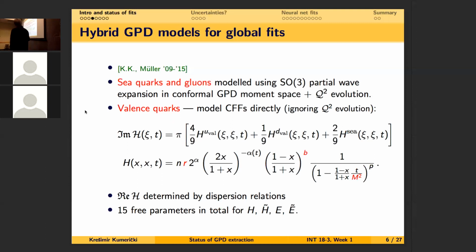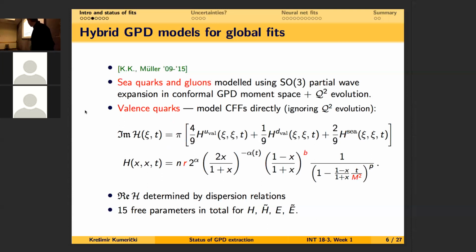You have x to the minus alpha, the Regge-controlled small x behavior, then large x behavior controlled by this parameter B. Momentum transfer dependence is controlled by this alpha prime parameter in the Regge trajectory, and there is also a residual dependence here. You have this mass parameter, this B parameter, the Regge trajectory is fixed, and there is a normalization parameter R. So about 3 parameters per GPD.